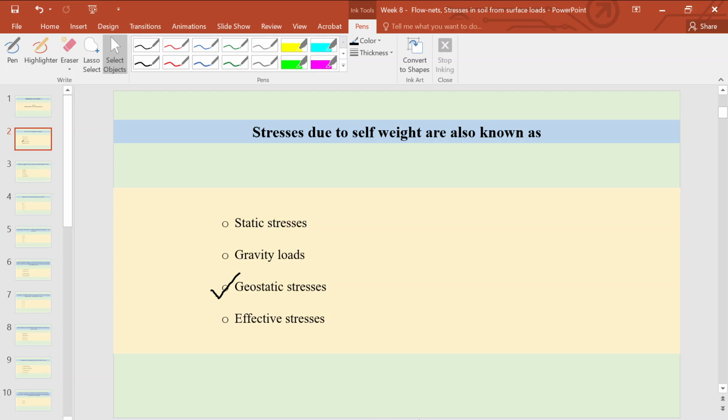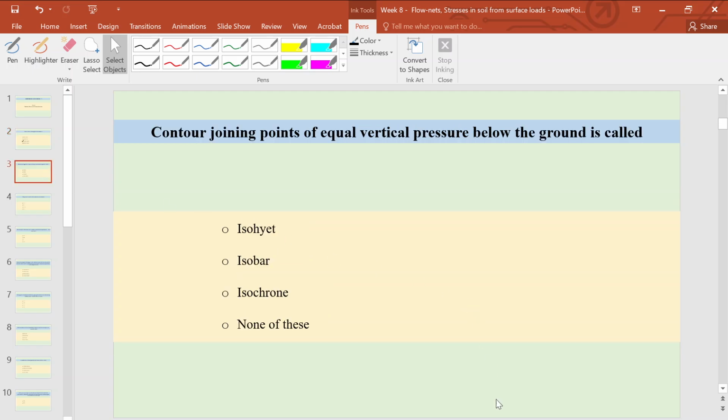Next question. Contour joining points of equal vertical pressure below the ground is called. What is the answer? Isobar, sir. Yes, isobar is the correct answer.